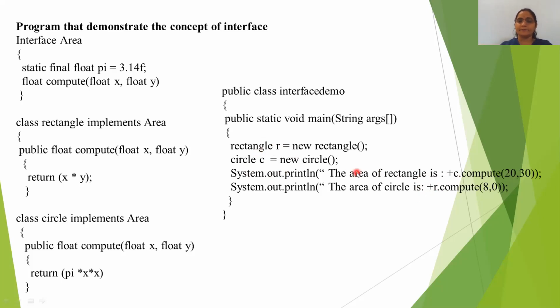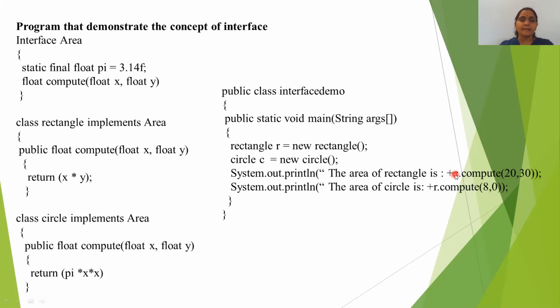By mistake here I interchanged both the objects C and R. So you remember that area of rectangle is equal to plus R.compute. R, because R is the object of Rectangle. What happens?